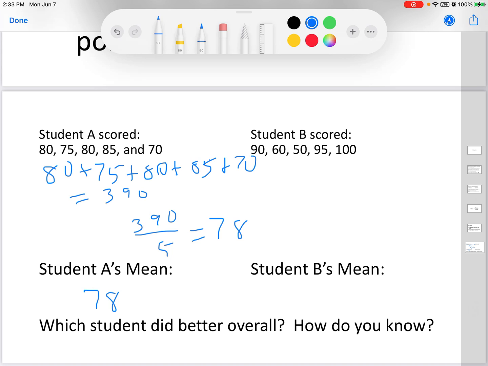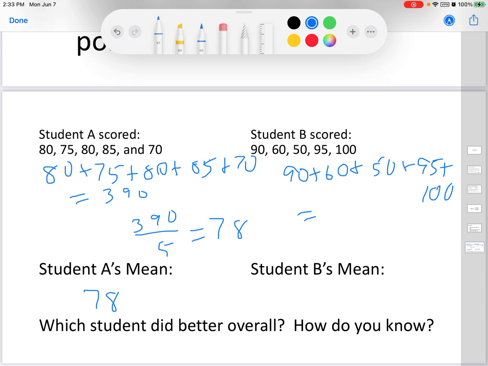So then we'll do student B. Step 1, add them up. 90 plus 60 plus 50 plus 95 plus 100 equals. Again, I'm using a calculator. And there are other ways to add them together.